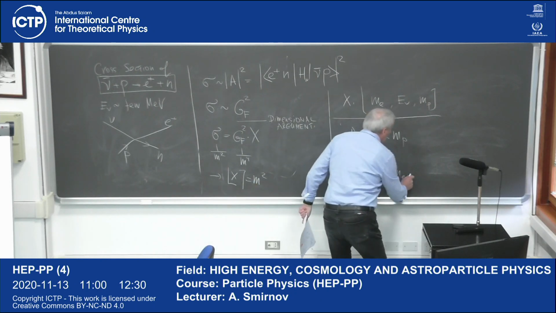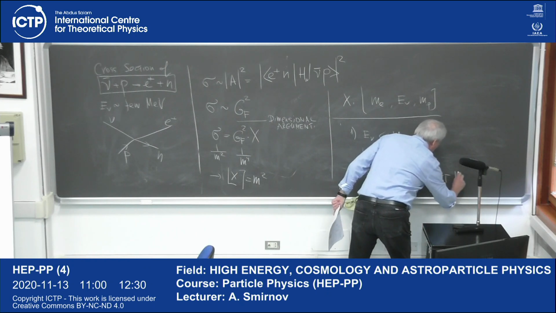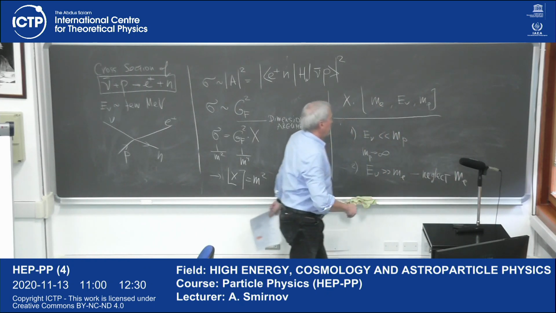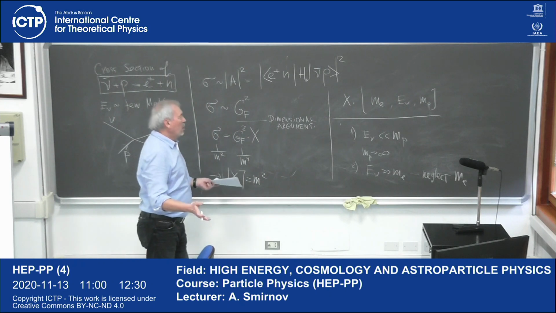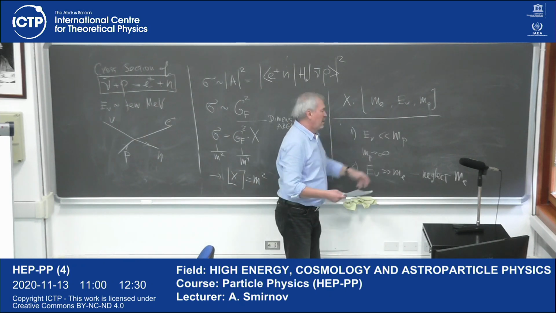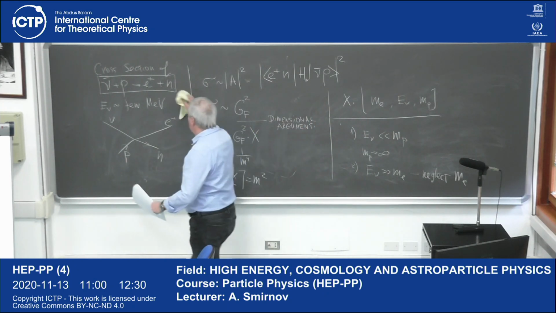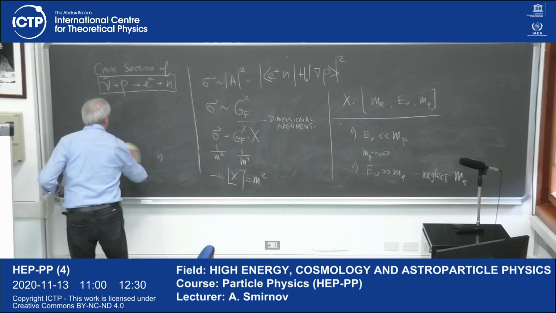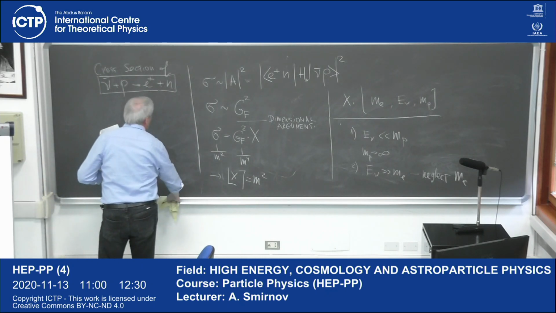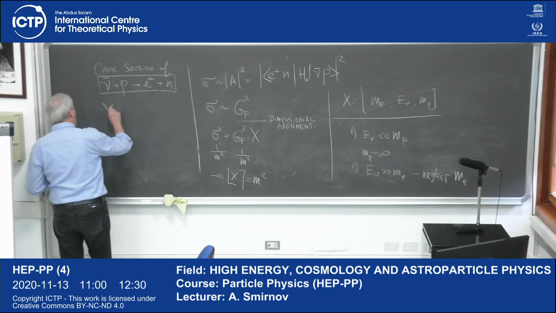And therefore I can neglect the mass of the electron. And therefore, the only thing that is left is the energy of the neutrino. And so, the conclusion is that up to coefficients, x is the energy of the neutrino squared.